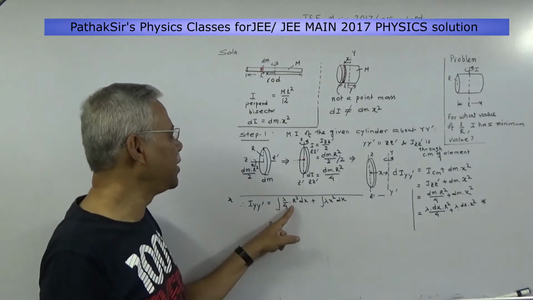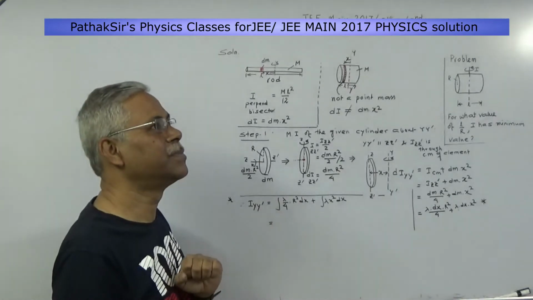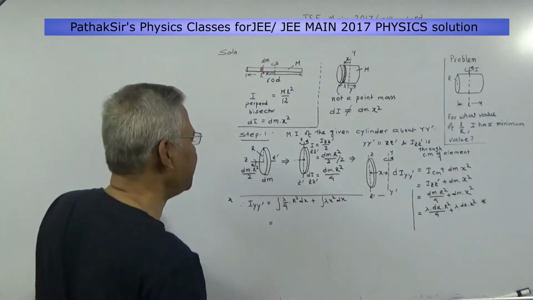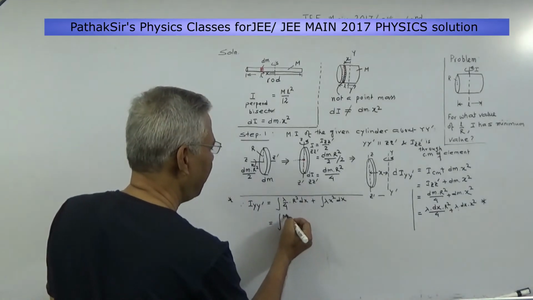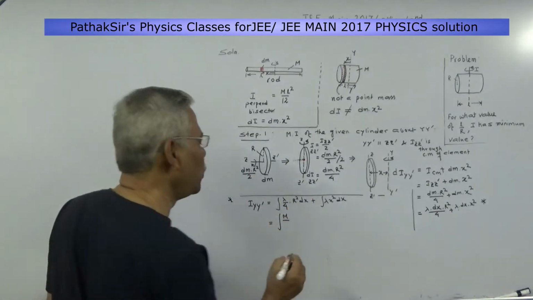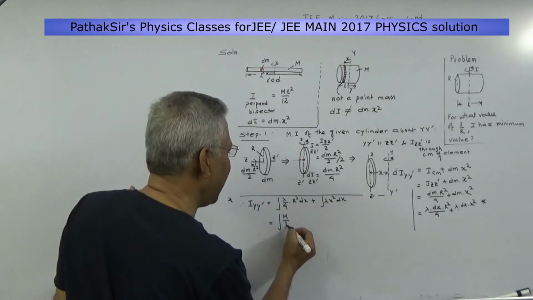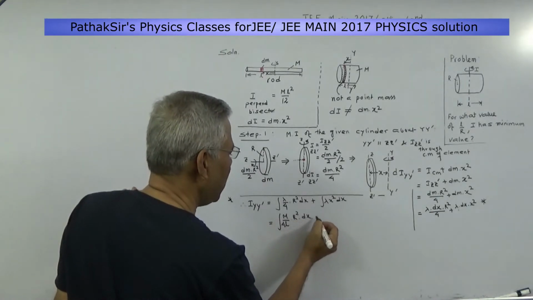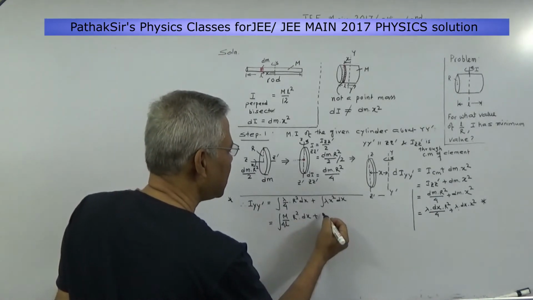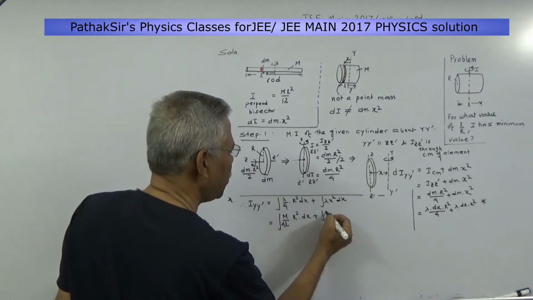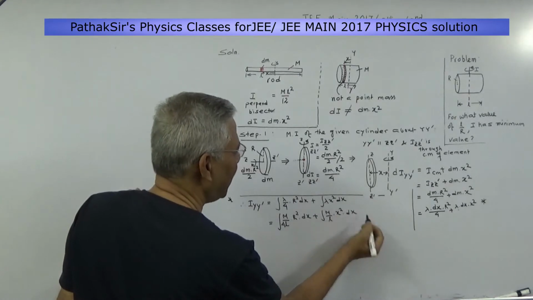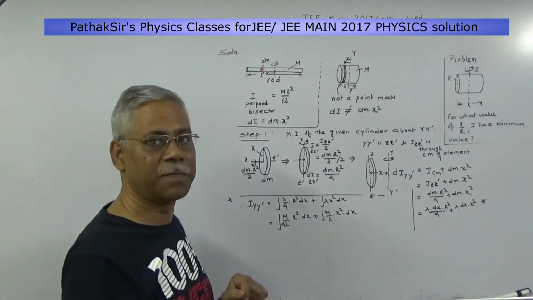Lambda is mass per unit length, so let us replace it by m by l. So integration, I have not put any limit now, m by l into r square into dx plus integration m by l into x square into dx.